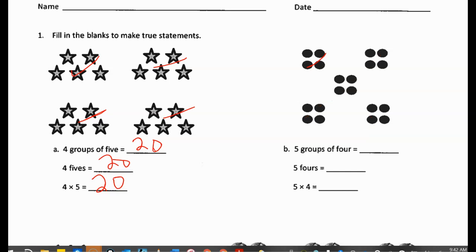Or I can count them one by one, 1, 2, 3, up to 20. You do it that way. So 5 groups of 4 is 20, 5 fours is 20, and 5 times 4 is 20.